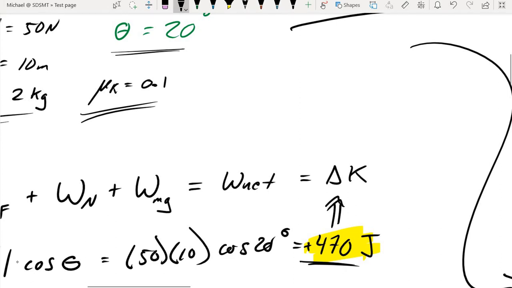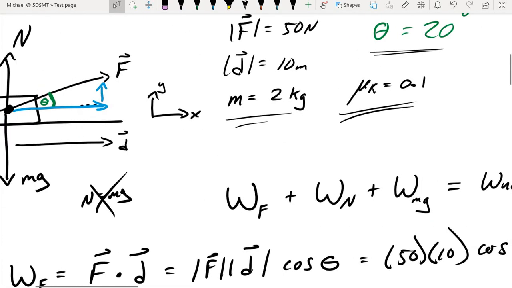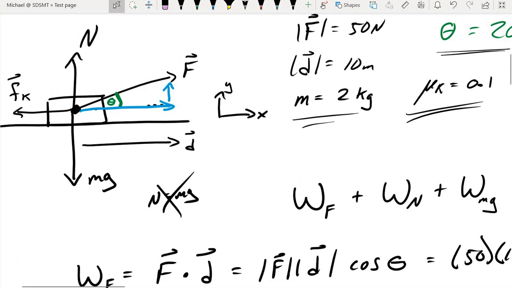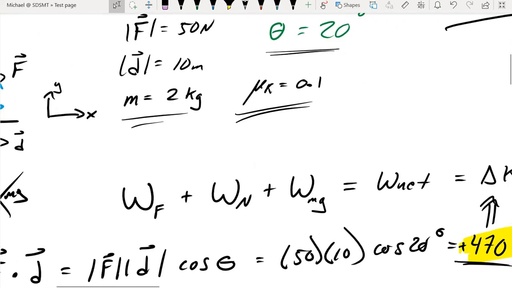I just picked a very small kinetic coefficient because I wanted to make sure that this friction force wasn't going to overcome any of the other forces in the system and bring us to a halt. But that could very well happen.